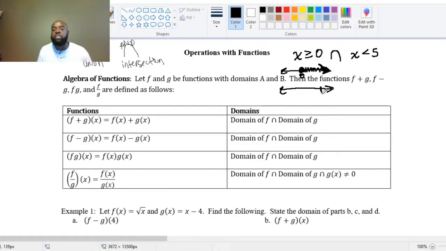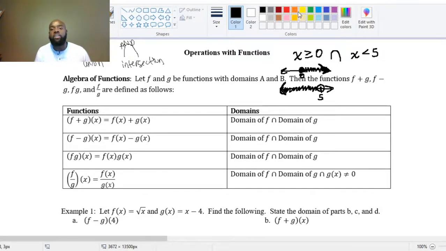So let's say 5 is over here if this is 0. I'd use an open circle at 5, and I include all the values that are less than. And so if I take these two sets and find an intersection, what will basically happen is I would have an overlap of these two number lines, and wherever the shaded parts are overlapping, those are going to be the values that are in my intersection.